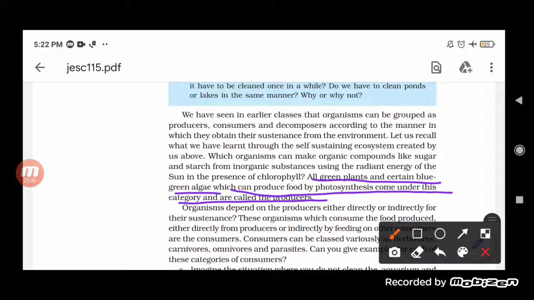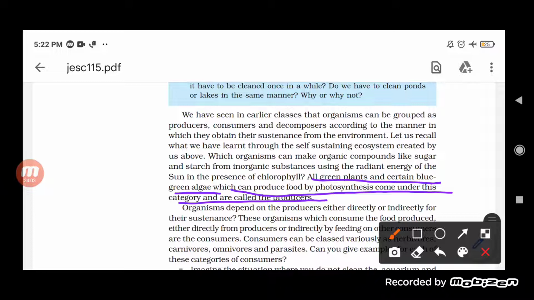While in the case of a carnivore, the animals eat other animals. They are called carnivores. In this case, it is called a secondary consumer because it is not directly connected with the producers but indirectly. So that is also a consumer, but a secondary consumer.